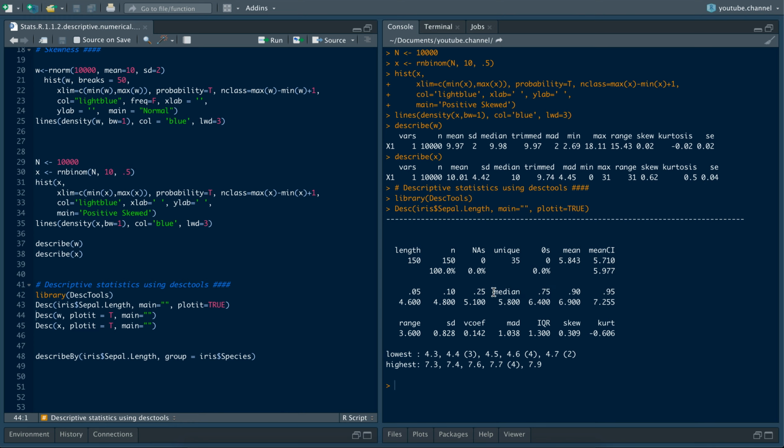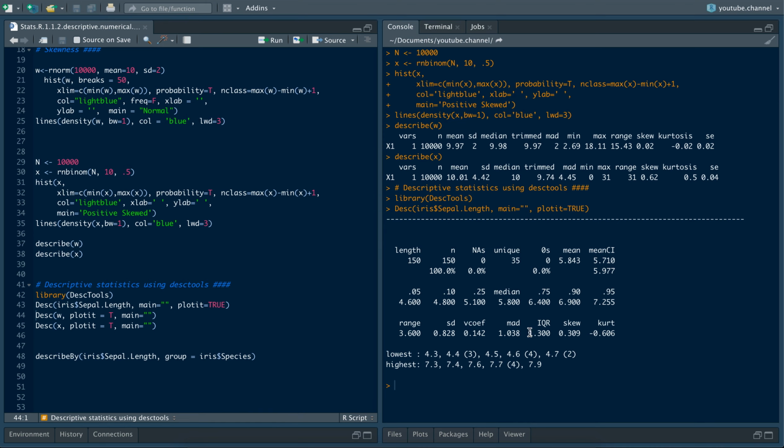Now, the quantiles are the cut points into which you divide your probability distribution with equal probability. So in this case we call them centiles. You will have 100 centiles, and this is the 5th centile, this is the 95th centile, and it will tell you where each centile stands across your distribution. We will also have information about the range, the standard deviation.